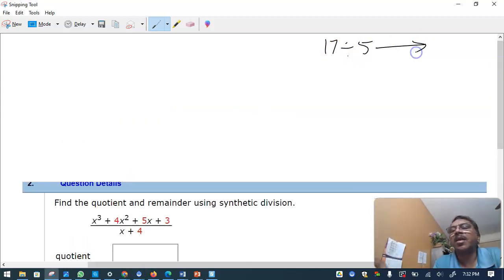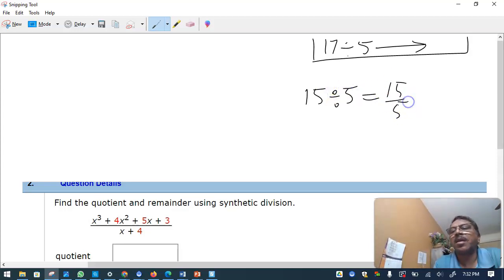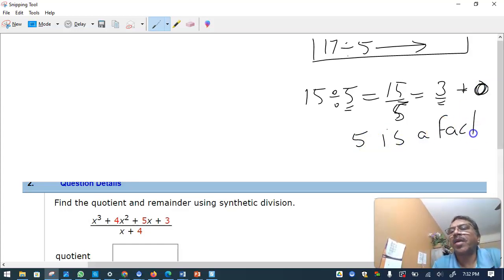If it was 15 divided by 5, this becomes 3. The quotient is 3 and there is no remainder, so the remainder is 0. When you divide and the remainder is 0, we say 5 is a factor of 15.